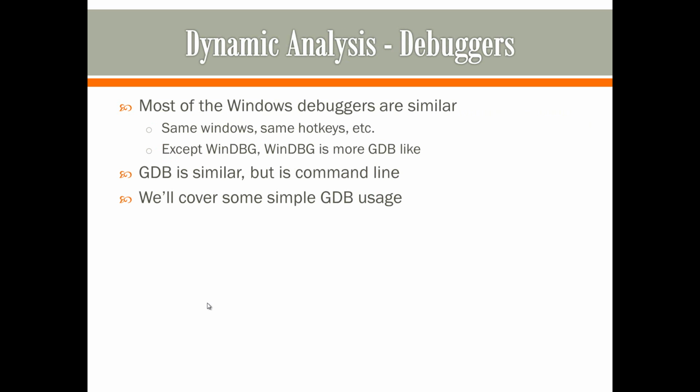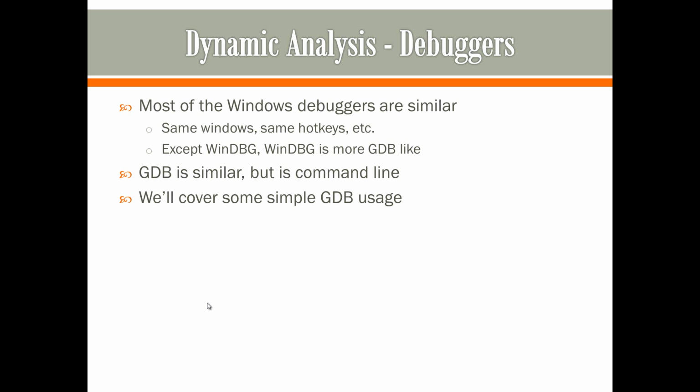Okay, so most of the Windows debuggers, like I've mentioned, are similar. You have the same windows that you can see pretty easily. You have very similar hotkeys. The exception is, and this isn't a Windows debugger, but the exception is GDB. Oh, excuse me, I said that wrong. The exception is WinDbg. WinDbg is similar to GDB.